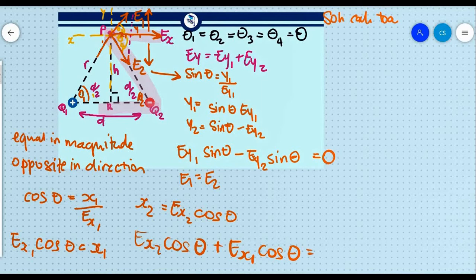Now, seeing that cosine theta is equal and these are equal as well, the magnitude of E, you would get 2E cosine theta.